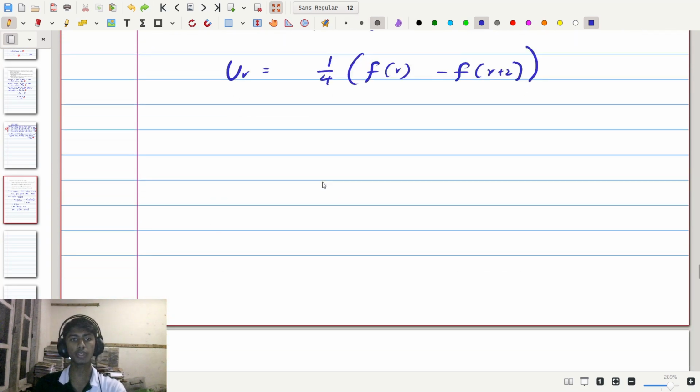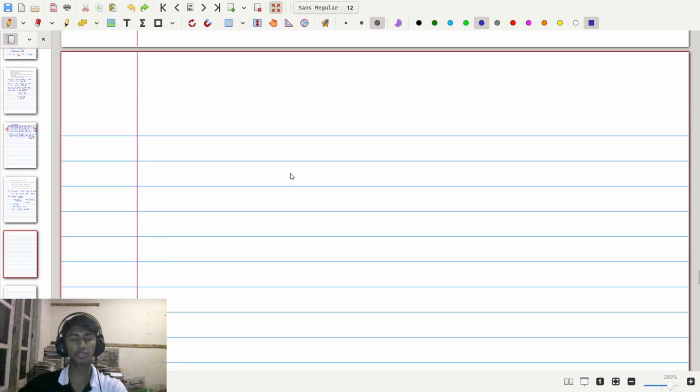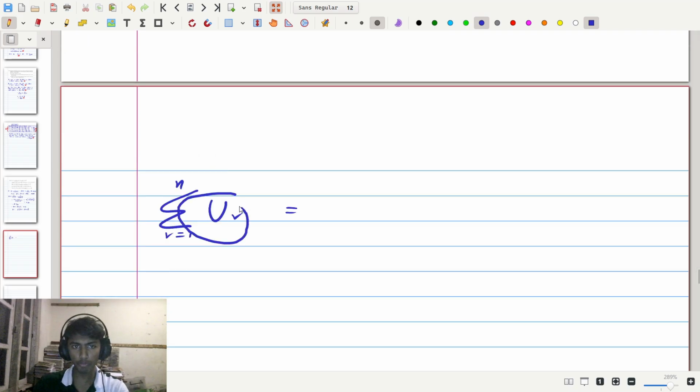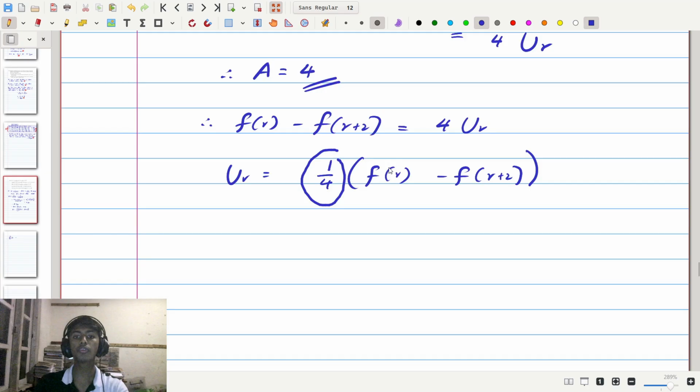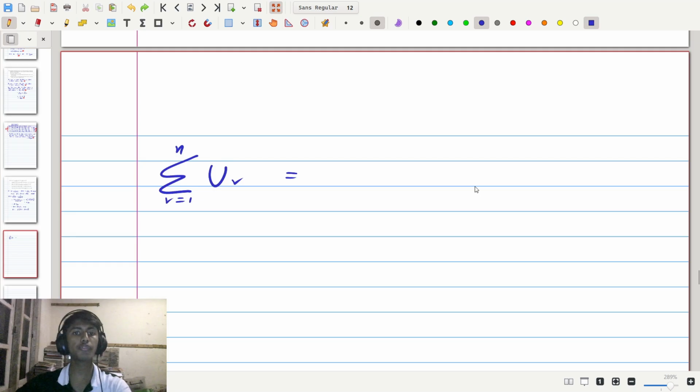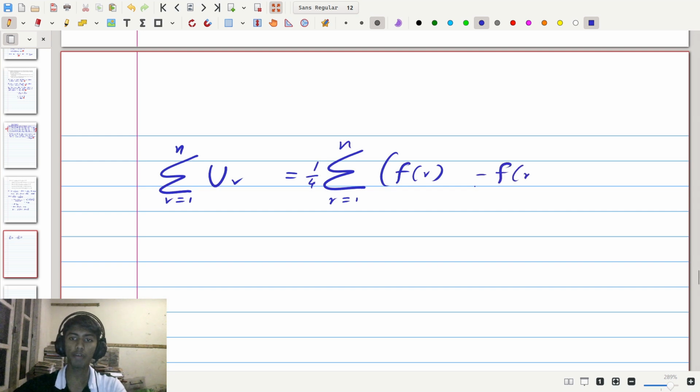So we're going to go to the next page to start off with a fresh page, and we'll say sum r equals 1 up to n of u of r, and we can see, since each individual u of r term is equal to 1/4 times f of r minus f of r plus 2, the sums must also be equal, and therefore the sum from r equals 1 up to r equals n of u of r must be equal to the sum from r equals 1 up to r equals n of 1/4, which I can actually take out, of f of r minus f of r plus 2.